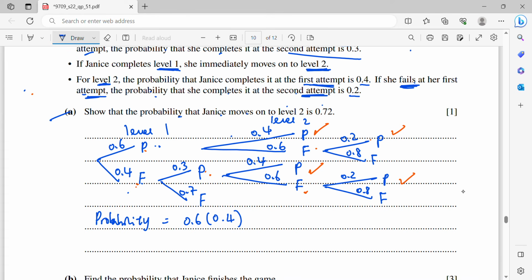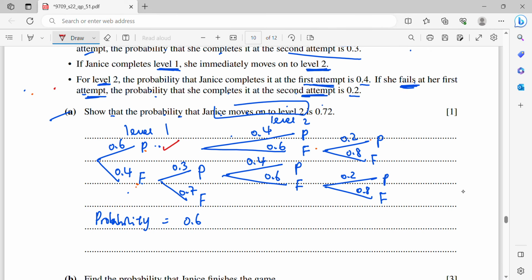Wait, sorry. Show that the probability that Janice moves on to level 2. Okay, moves on to level 2 means that just pass. I don't need to consider all this first. So it will be pass the level 1, then we'll move on to level 2.